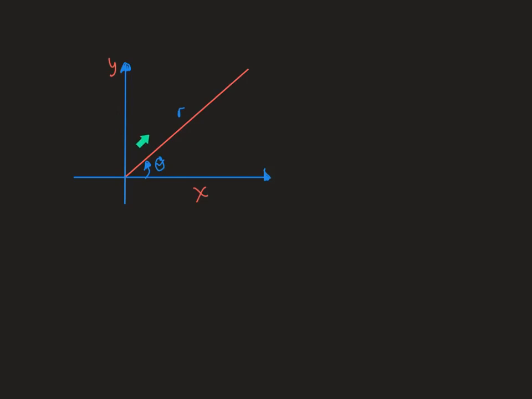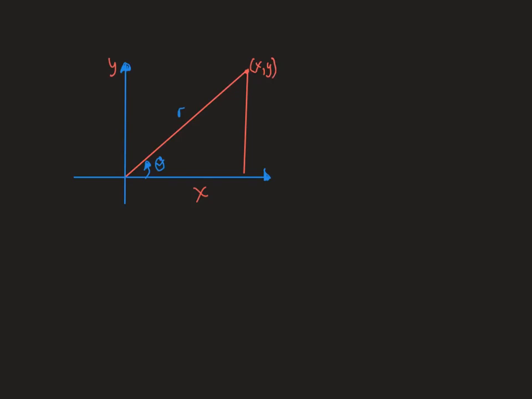If I wanted to figure out what my r is, I'd have to complete this triangle by drawing a line that goes straight down. Now, when I complete this, I know that right about here, when these two lines meet, this is a point at xy.